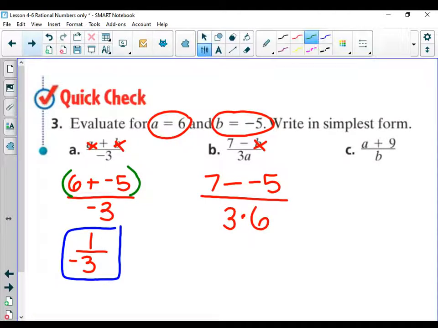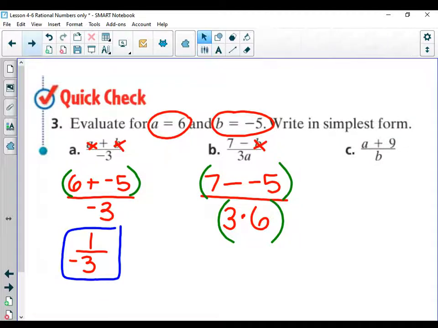Way back in September, whatever is on the top or the bottom needs to be simplified first. Oh, good thing I wrote this down, otherwise I wouldn't have seen right here. Big plus.